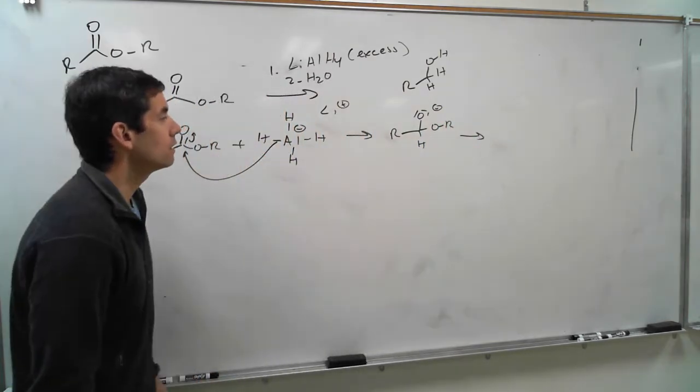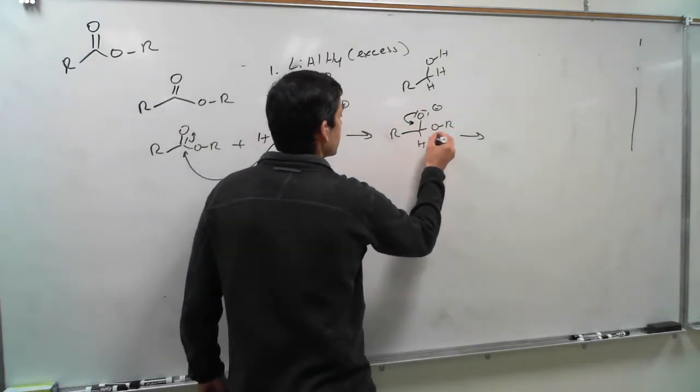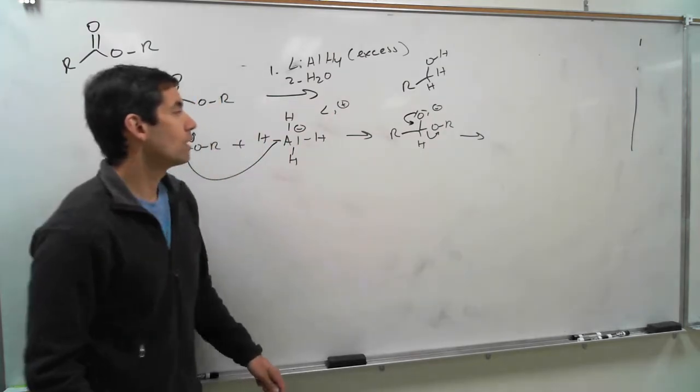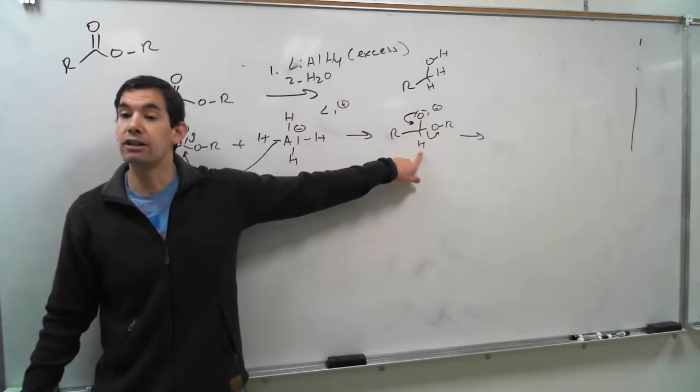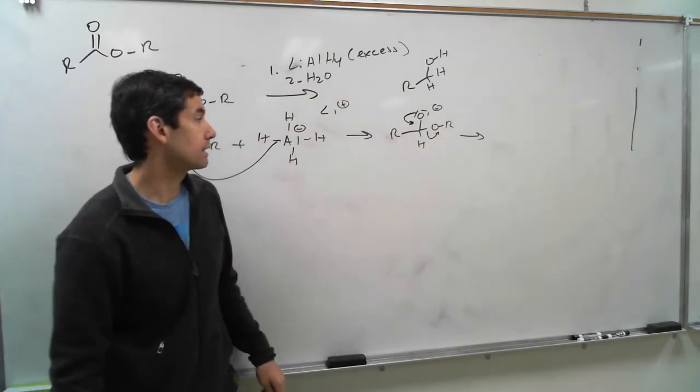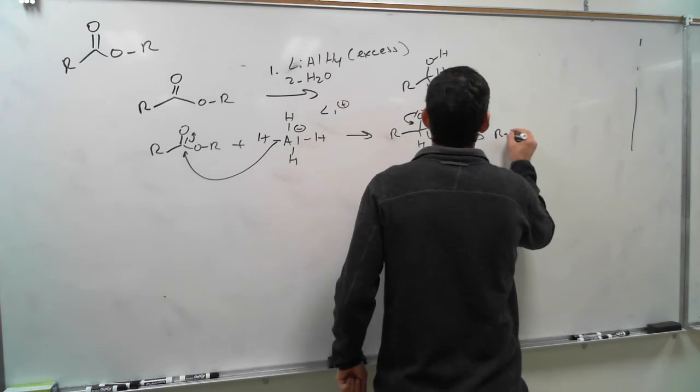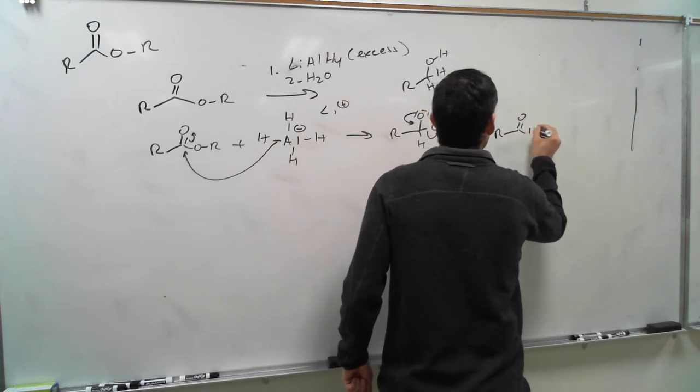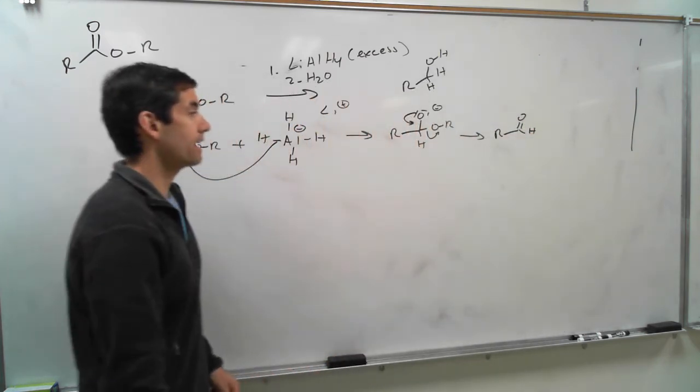Look at this species here. The carbonyl is going to come back down, and now we can kick off this group, because this is a way better leaving group than the hydrogen would be. So I can leave, and we're back at our aldehyde.